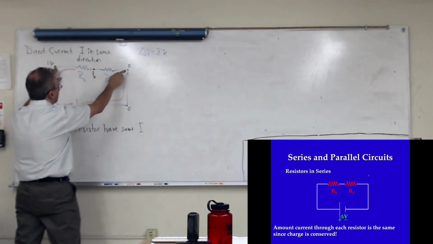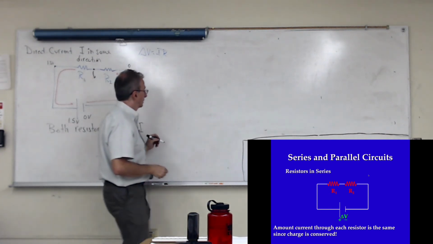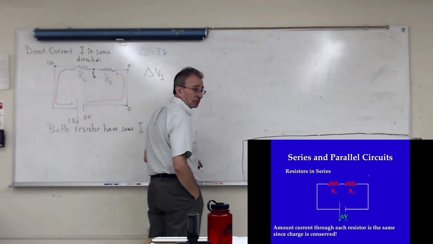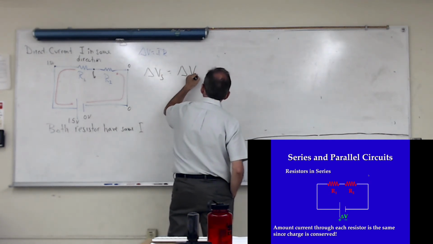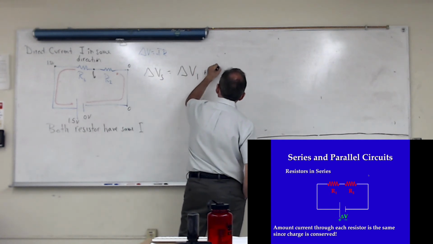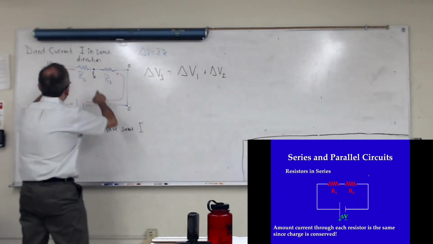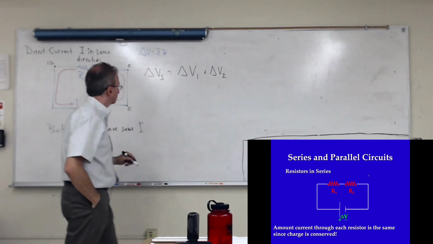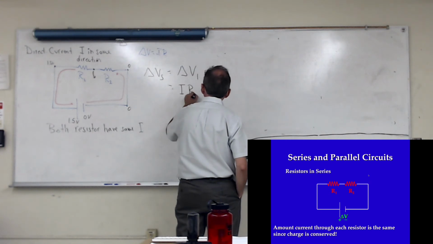The sum of those two voltage drops has to be equal to the power supply voltage. Let's call delta V sub S the power supply voltage. This must be true because each one of these has a voltage drop because they obey Ohm's law, and you have the same current through both of them.